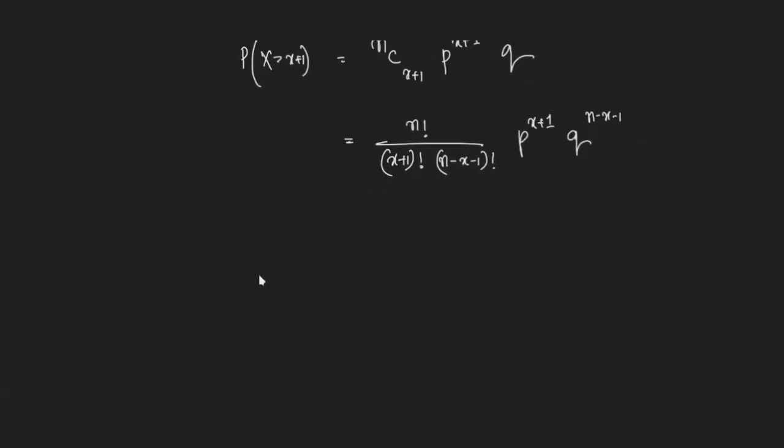So let's now divide probability of x equal to x plus 1 by probability of x equal to x.